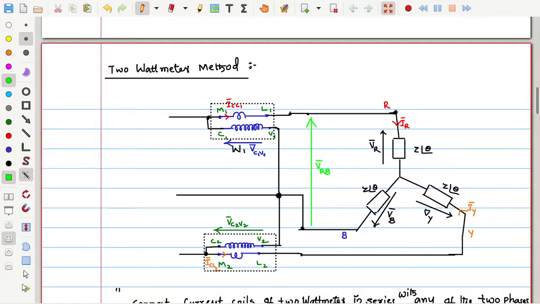VC1V1 is equal to VRB. In the same way, look very carefully: C2 is connected to Y, and V2 is connected to B. That means Y to B, VYB is the voltage of VC2V2, and VRB is the voltage of VC1V1.